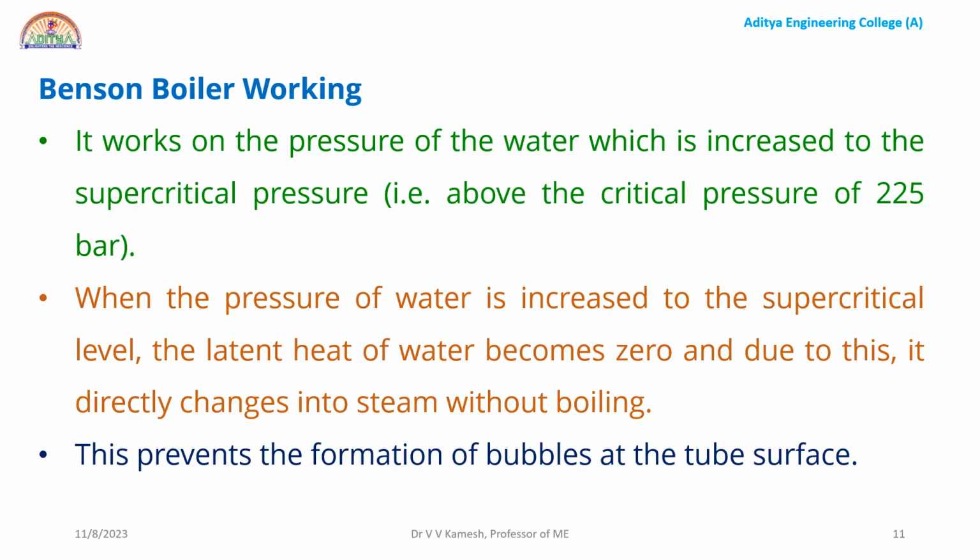When the pressure of the water is increased to the supercritical level, the latent heat of water becomes zero, and due to this, it directly changes into steam without any boiling. This prevents the formation of bubbles at the tube surface. If bubbles are formed, we have the fear of some damage to the pipes. So without formation of bubbles, we are happy with this.